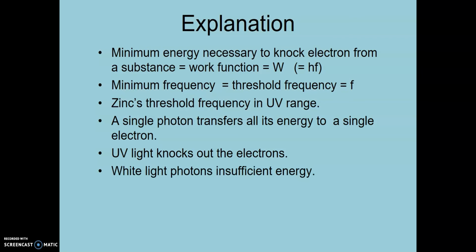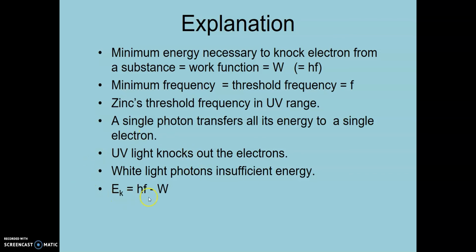White light, each photon has insufficient energy. There might be many more photons coming from a bright white light than a dim UV light, but each one has insufficient energy to knock electrons out.